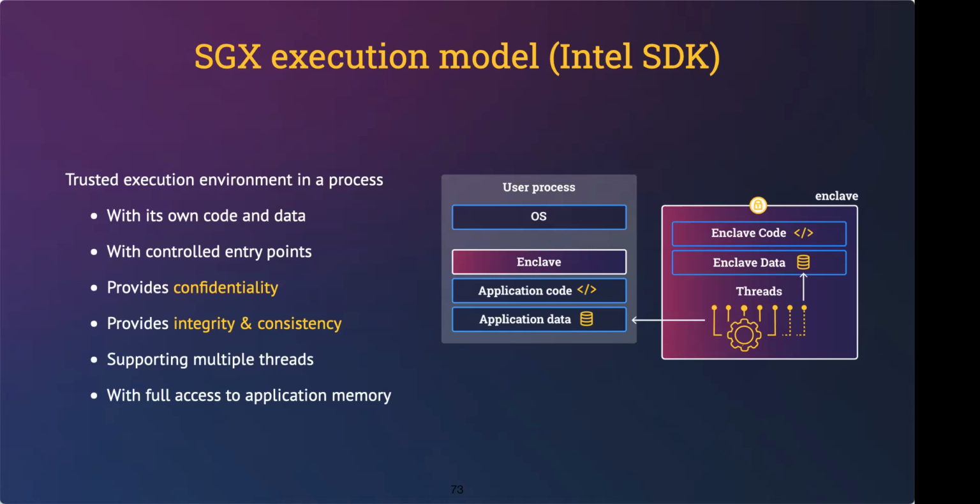So, at least for my group, we decided that it is better to take the help of the application developer, in the sense that the application developer anyhow partitions the application into microservices, and then decides on a microservice basis what should be confidential and what should not.